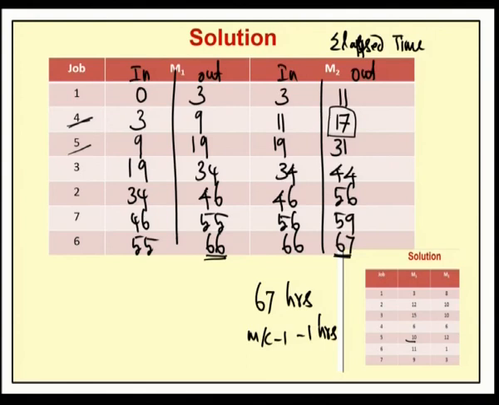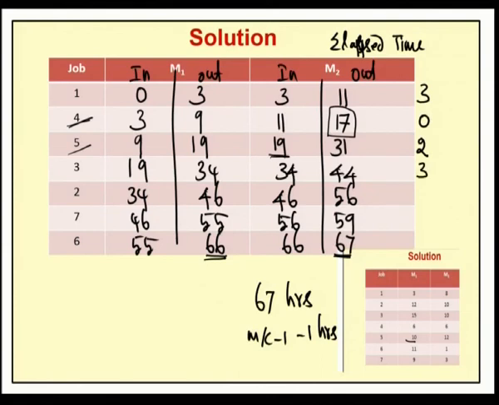Now in order to calculate the idle time for machine 2, we should look into the table. For the first one, the idle time for machine 2 is 3. Next, ending time is 11, starting time is 11, there is no idle time. But for the next, ending time is 17, and in order to perform the next job, it should start only at 19, therefore the difference, idle time, is 2. Similarly, here it ends at 31, starts at 34, so idle time is 3.